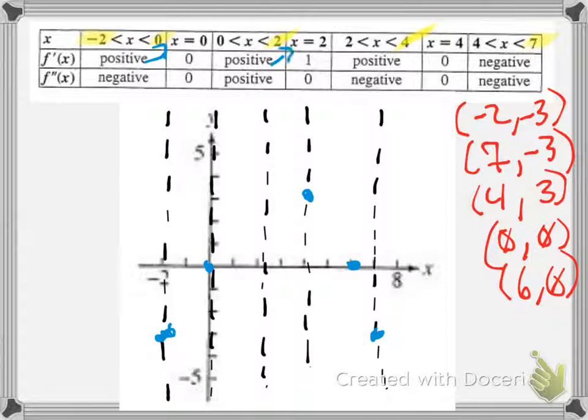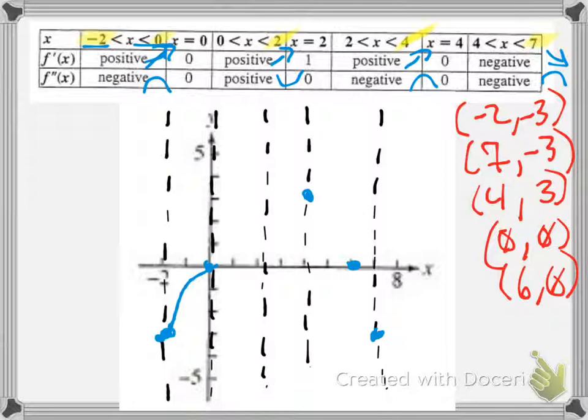So let's go ahead and try to use the different behaviors that I know what's going on with my graph, and let's try to graph those curves or sketch those curves. So between -2 and 0, my graph should be increasing and concave down. The way you draw something that is increasing and concave down is like that.